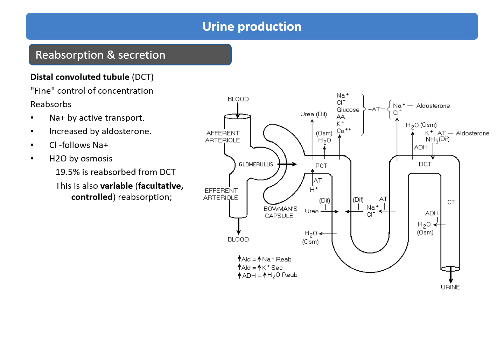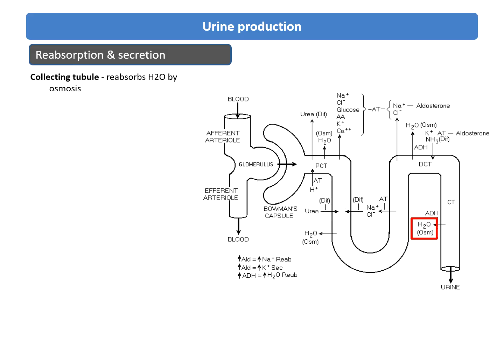This is called variable or facultative or controlled reabsorption. It's increased by ADH. The distal tubule also secretes potassium by active transport. This is increased by aldosterone. Ammonia by diffusion.